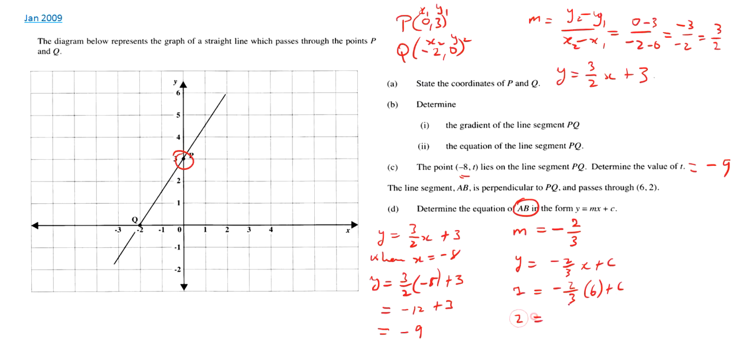So therefore 2 is equal to minus 4 plus c. Therefore c is equal to 2 plus 4. Therefore c is equal to 6. Alright, so the equation of the line AB is therefore y equals minus 2 over 3 x plus 6. Okay.